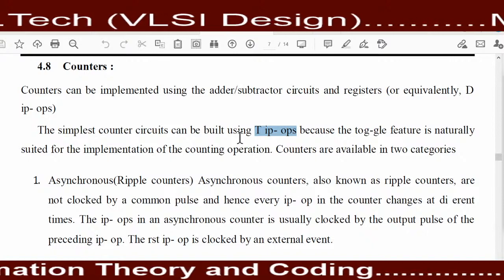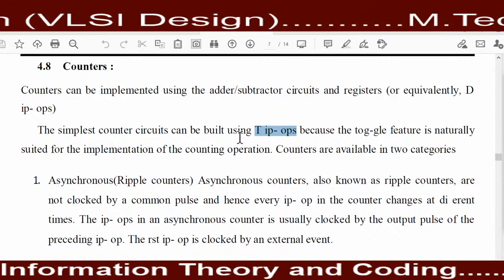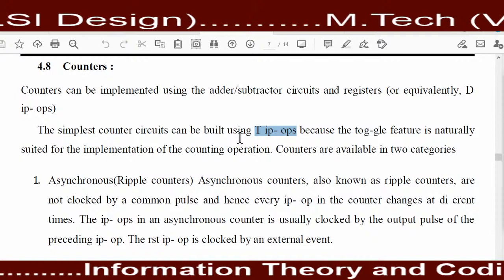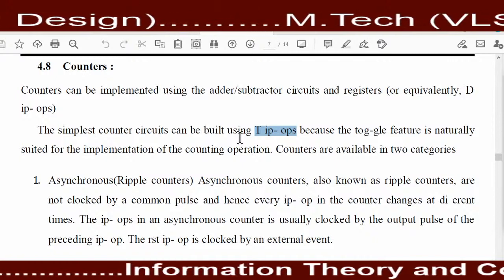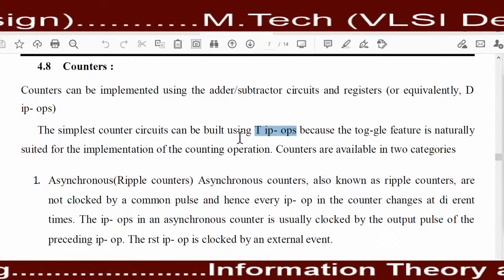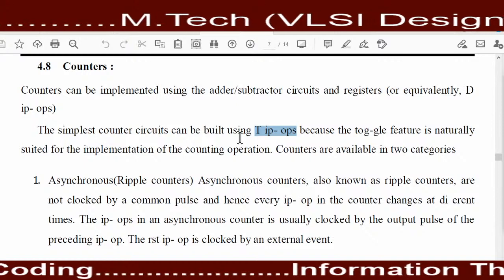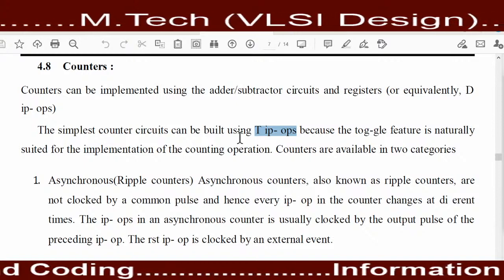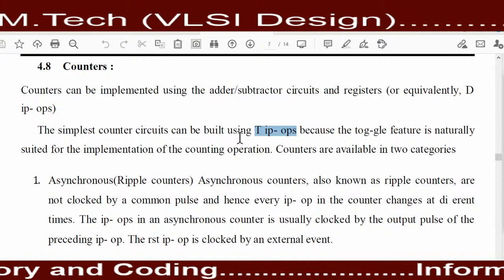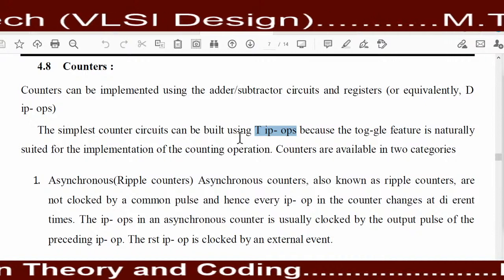It means that when a clock pulse is provided to the T flip-flop, and at that time the present output is 0, then when we provide the clock pulse, the output will toggle, and it moves towards 1, and if the output is 1, then after providing the clock pulse it will be 0. Okay, so this flipping property is known as the toggle feature.